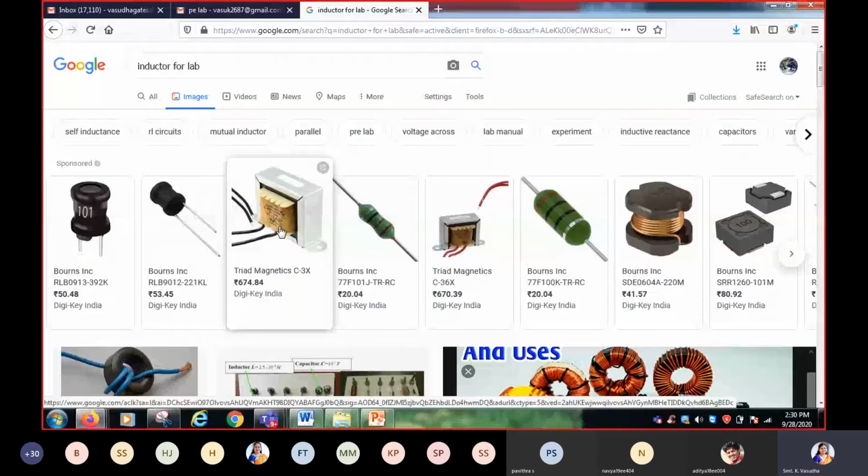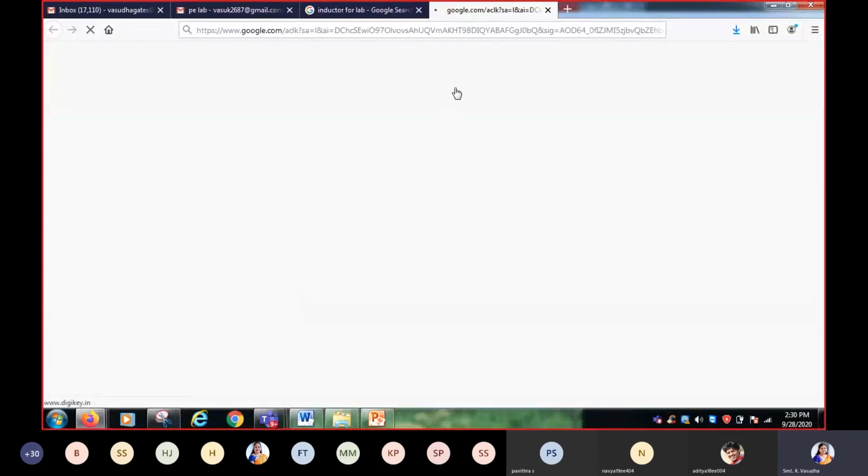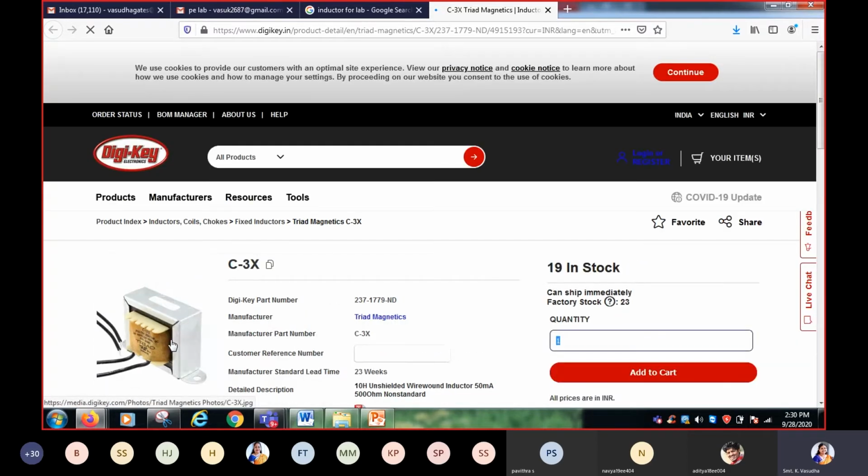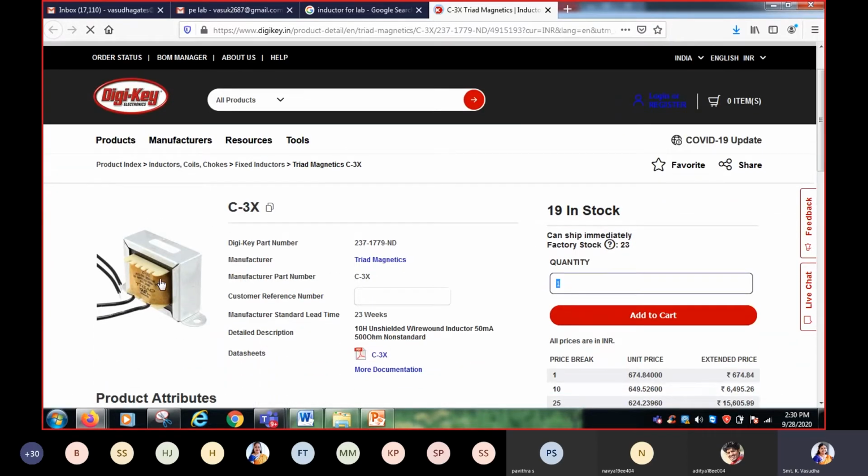This is how the inductor we use in lab looks. The transformer also looks similar to this. You have seen the transformer in the electronics lab, right? When we did the full bridge rectifier experiment, he used a center tapped transformer.